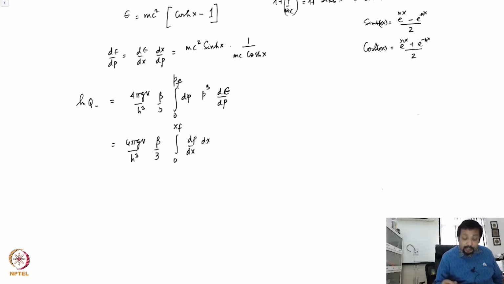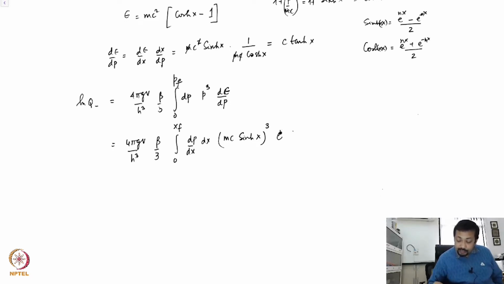This is dP/dx times dx, and this is going to be (mc sinh x) whole cube. d epsilon/dP, let's look at this relation, one factor of c cancels out, so that you have c tanh x.